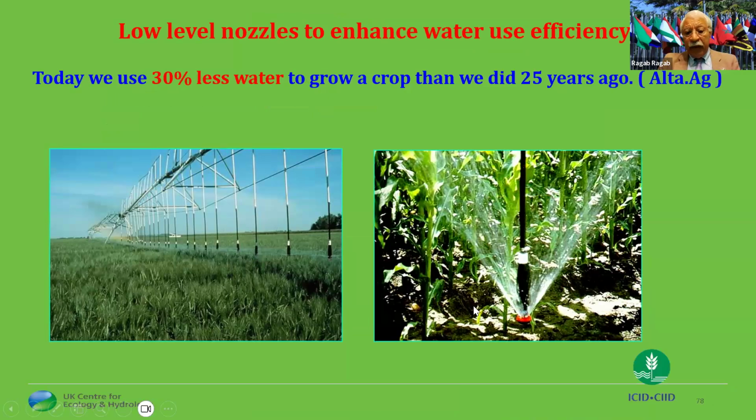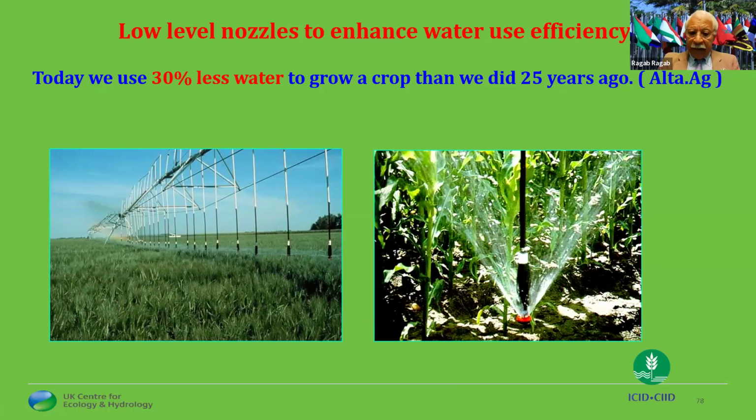And also, if you are using brackish water or treated wastewater, it is important that you have these low level nozzles close to the ground, so you avoid any contact between the farmers' skin and any pathogens in treated wastewaters, and so on.